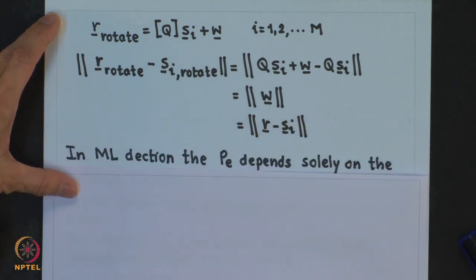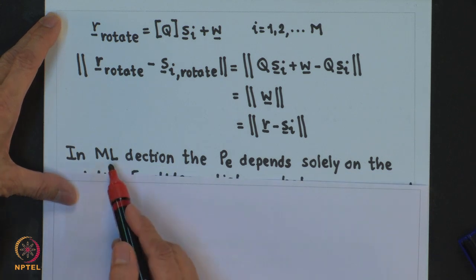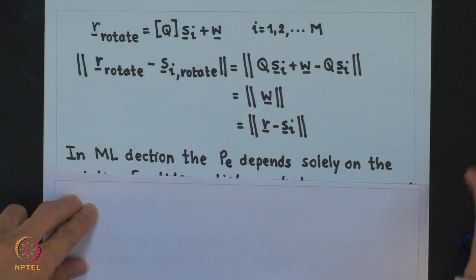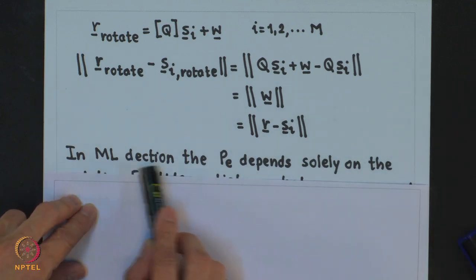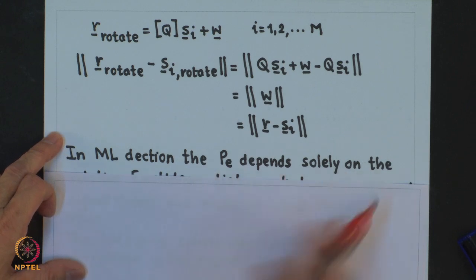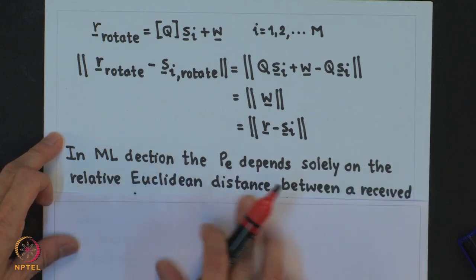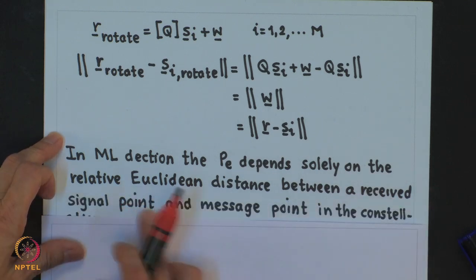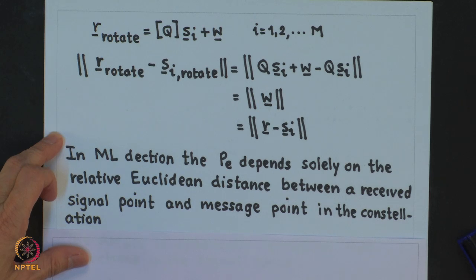Okay. Now, we know that in maximum likelihood detection, the probability of error depends solely on the relative Euclidean distance between a received signal point and the message point in the constellation. This we have studied earlier.